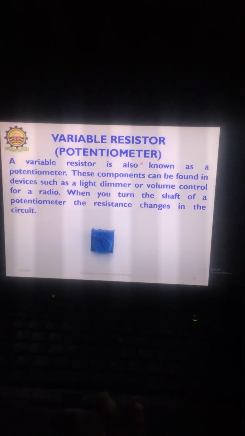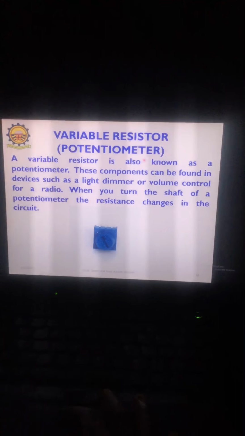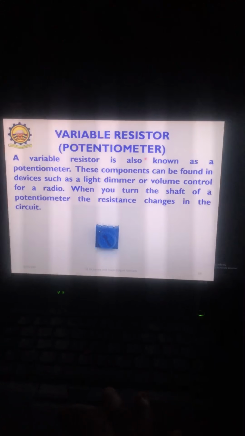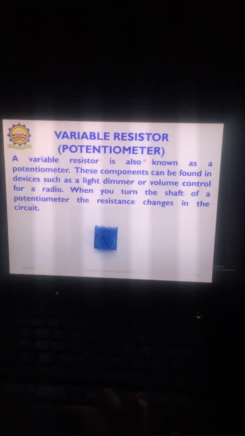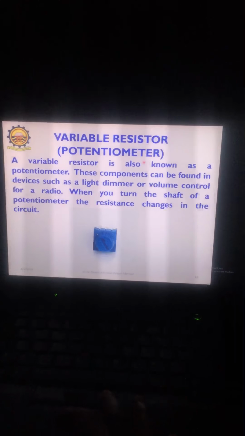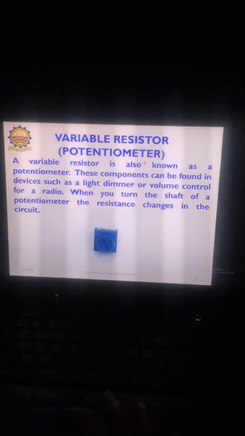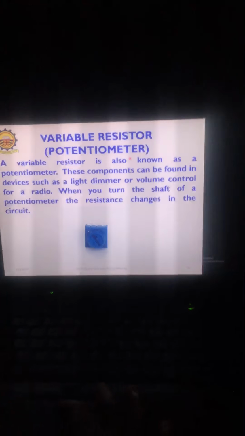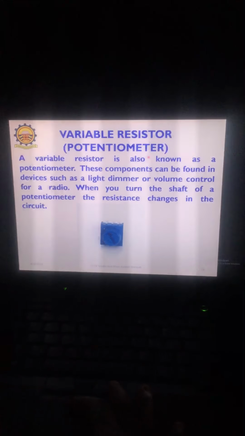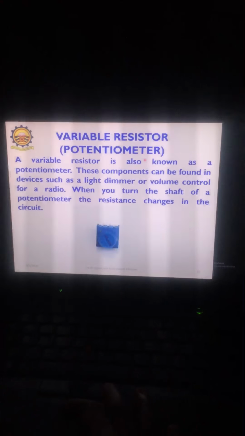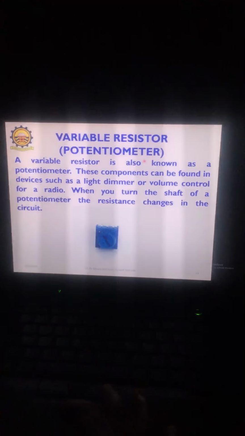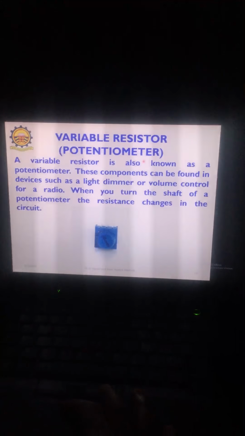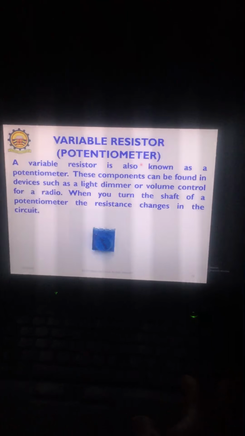So when you are playing your music, you turn the variable resistor, your volume button or whatever you may call it, either high or low, and this will have an effect on the resistance of the line and at the same time on your volume.